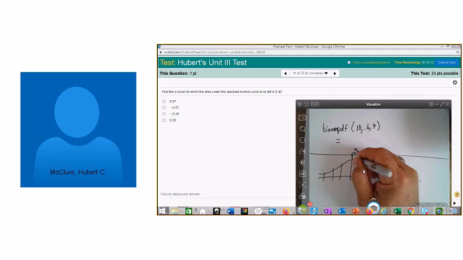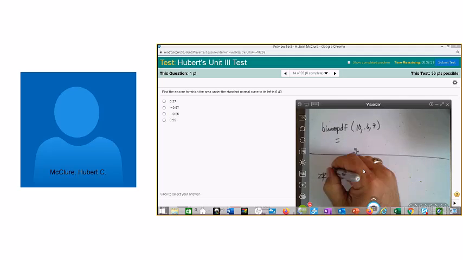I don't know. Let's see, that's 50%. And let's see, 34 divided by 3 is 11. So you'd have 3 11s. So I'd say 10 from 50 is 40. So there's 40% right there. So this is 0.4000.